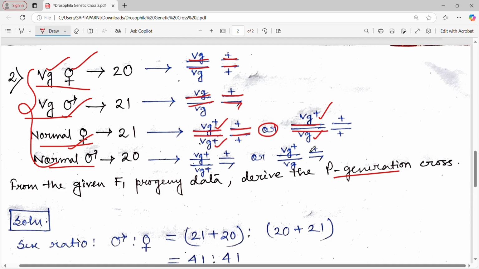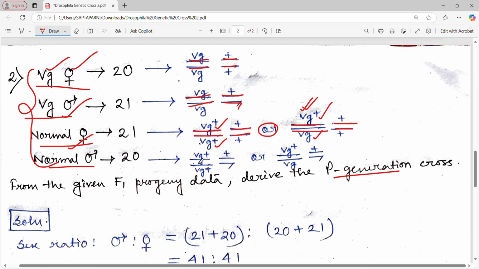As we know that VG plus is dominant over VG, obviously in the heterozygous condition only the VG plus phenotype will be shown, that means it will be wild type. VG is recessive to VG plus, and obviously with that 2 X chromosomes should be there. And in the case of a normal male, the thing is the same.